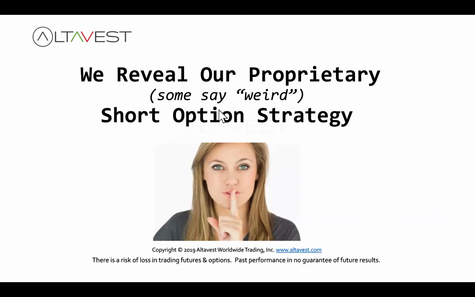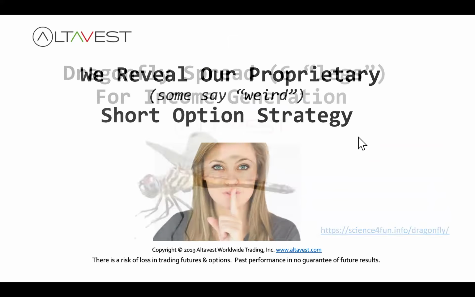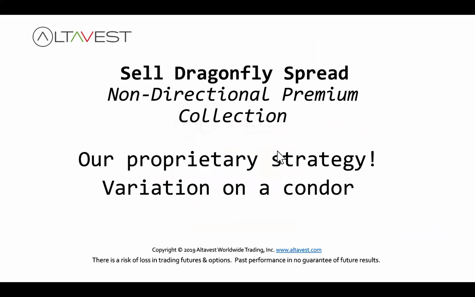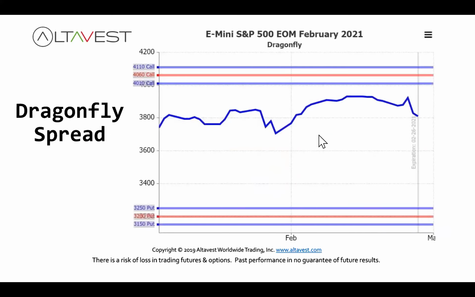Now here is the weird strategy. People kind of get blown away by this. It's a 6-legged spread. We call it the Dragonfly, and we developed this years ago. It's for income generation, just like the condor, and it's really a variation on the condor. And this is what it looks like. I'll explain it here. You sell 4 of these calls, see the red line.